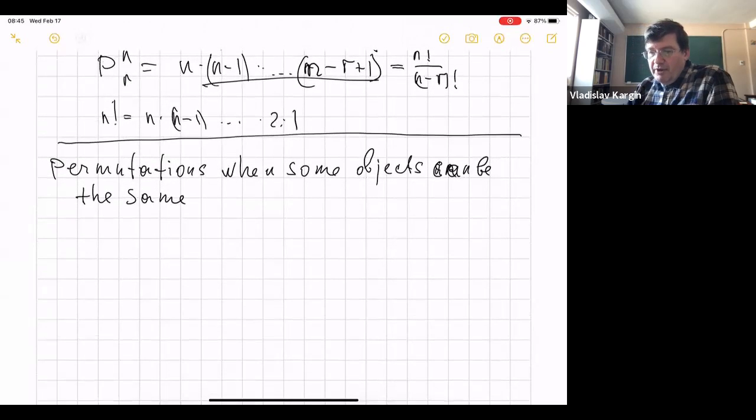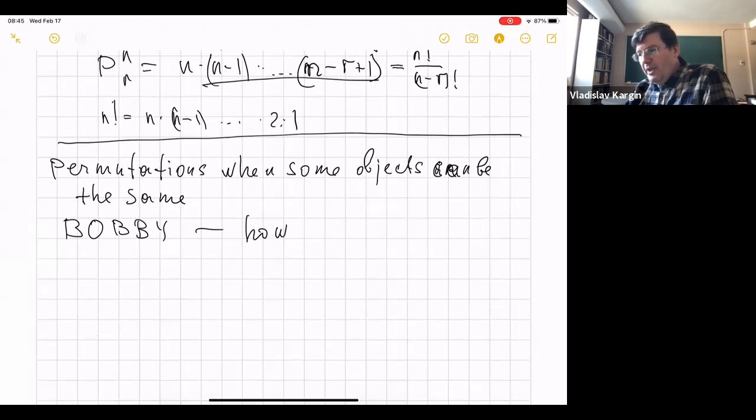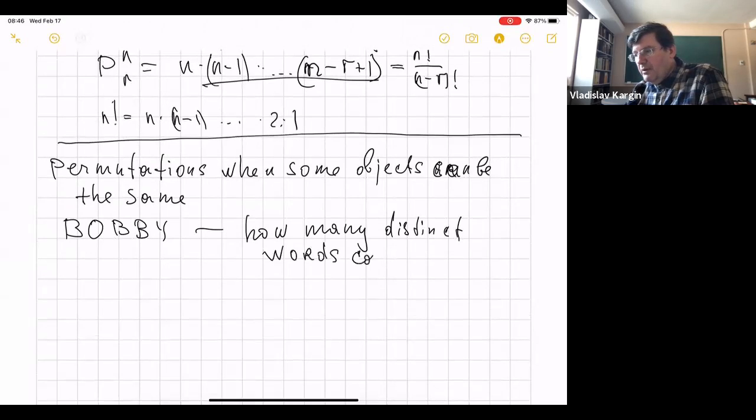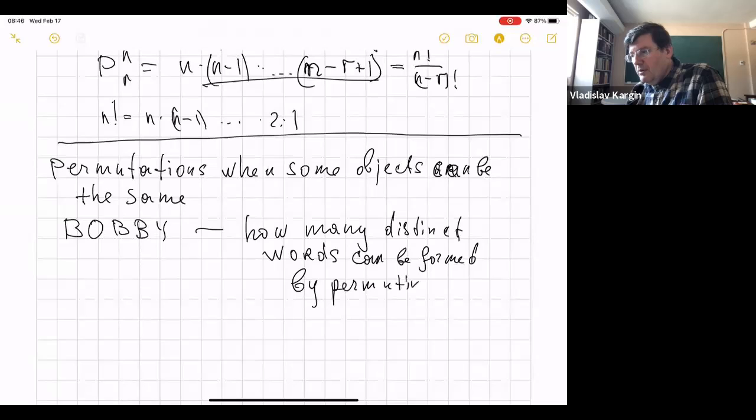The example in the textbook is the word Bobby. How many distinct words can be formed by permuting the letters?